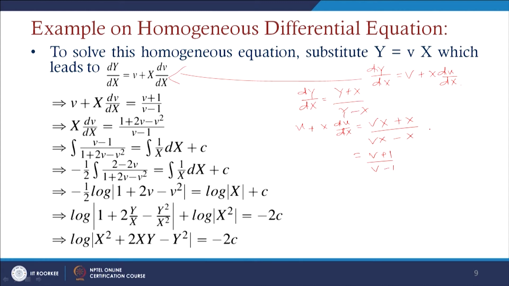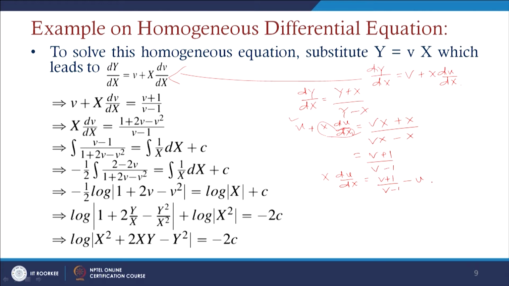Now we will have the variables v and X. So once we have this equation, v plus X dv by dX equals (v plus 1) by (v minus 1), we can separate this, since only one X term is involved. And we can write this as X dv by dX equals (v plus 1) by (v minus 1) minus v.